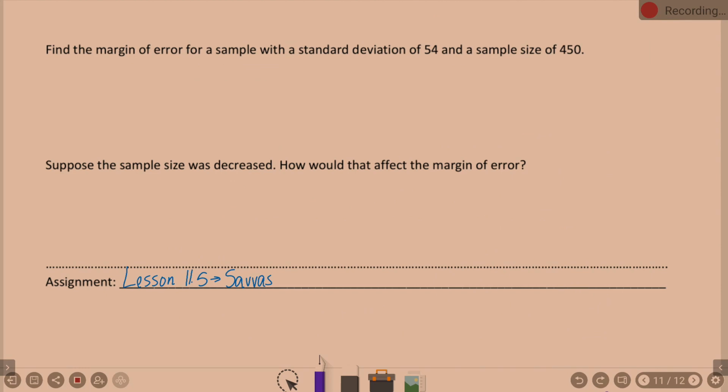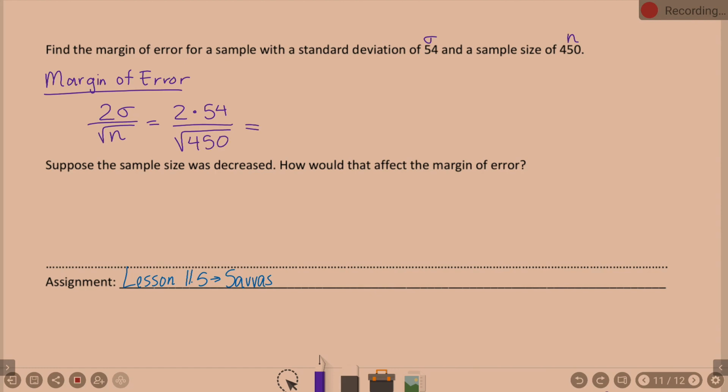The quantitative. 2 sigma over square root of n to do our margin of error. What is sigma? 54. So 2 times 54 divided by the square root of what's n? 450. Sample size, 450.